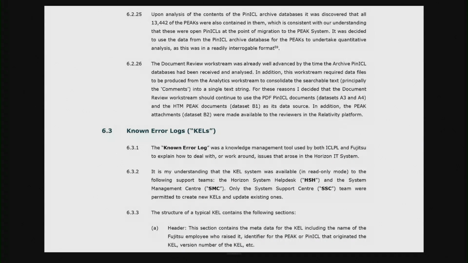So this is simply explaining that while the Peak system did replace the Pinnacle system, the archive databases that were received contained all of the information that was in the Peak system. So it was appropriate to use these archive databases for purposes of our analytics workstream.